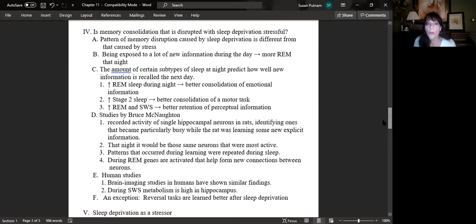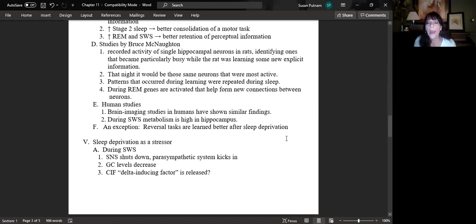When we look at human studies, we have seen through brain imaging techniques that are incredible these days. I go through many of them in Fundamentals of Human Neuropsychology, talking about what's happening in each one and how that happens, because it's incredible what we can see through some of these imaging techniques now.